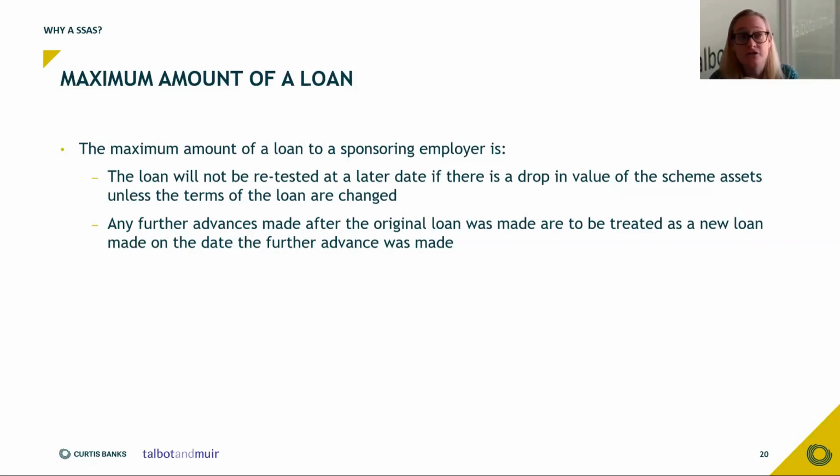Of course, to be sensible, they might have made some more contributions into the scheme to bump that up to then be able to make a further loan back. So that is the only time we look to do a retest, if a new loan is looked to be granted back to the sponsoring employer.